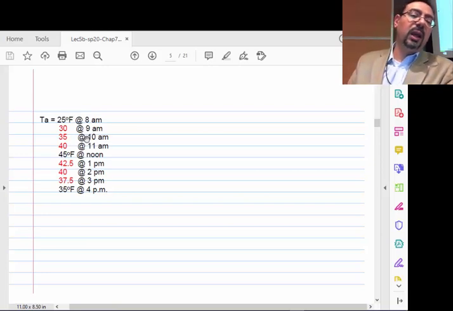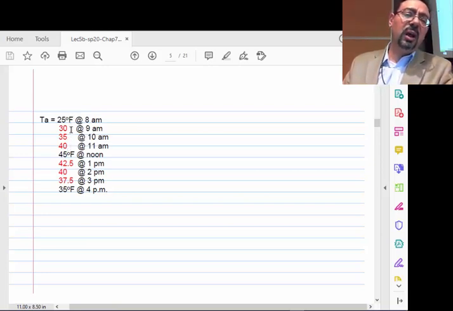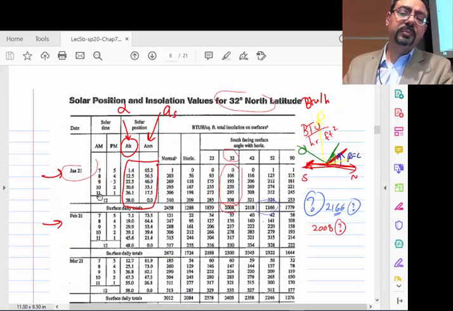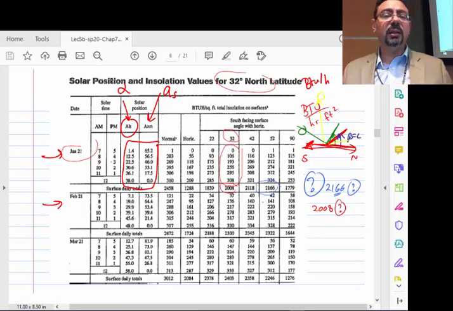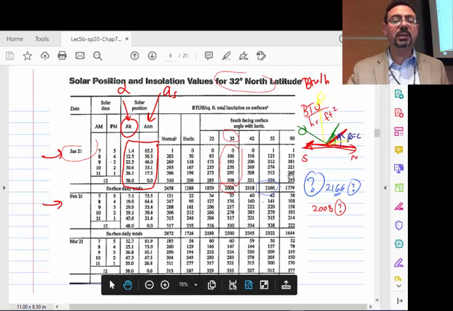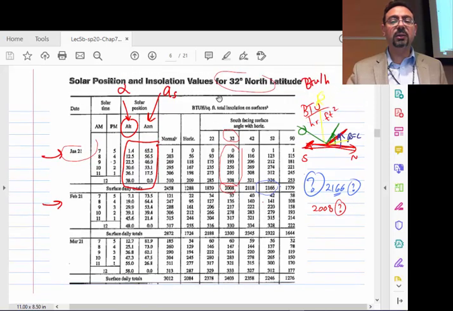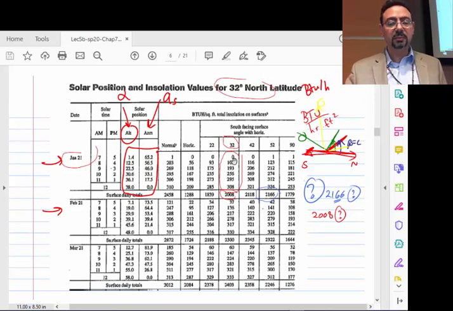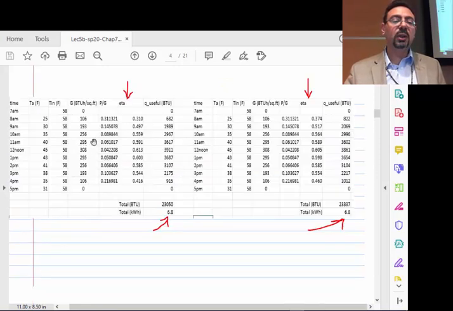So this is the part where I got the temperature by interpolation, because I was only given the morning, the noon, and the evening. And for how much BTU is falling on the roof, you need to find a table like this, where it says that at that place, 32 degrees north, and when the plate was at a 32 tilt, this is how much radiation ends up falling. 106, 193, 256, those are the numbers over here.